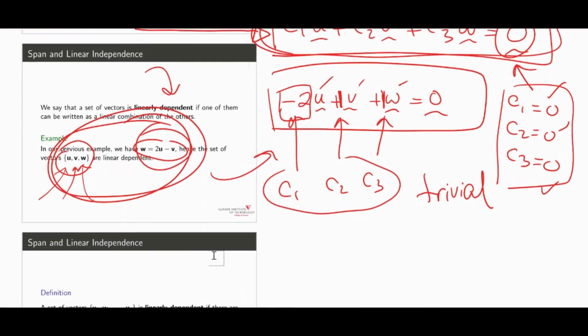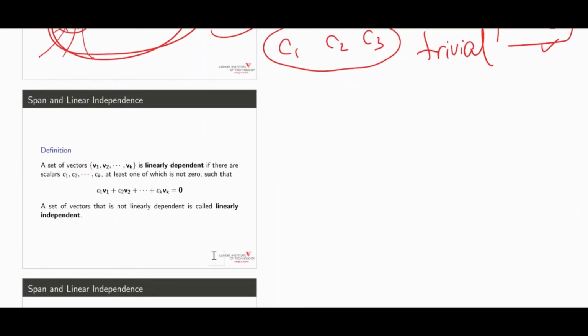Okay, so let's make this precise. I'm going to give you the definition here. A set of vectors v1 all the way to vk is linearly dependent if they have a relationship among them. That is, if at least one of those scalars is non-zero, such that you have this equation equal to 0.